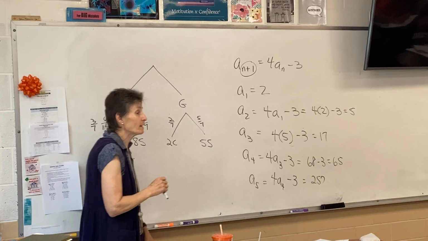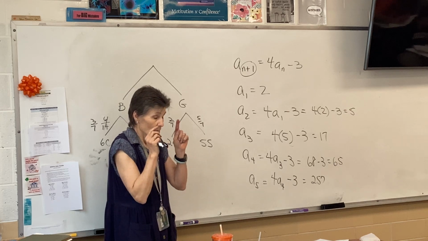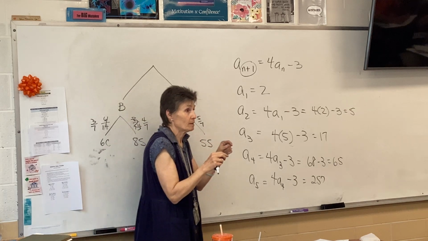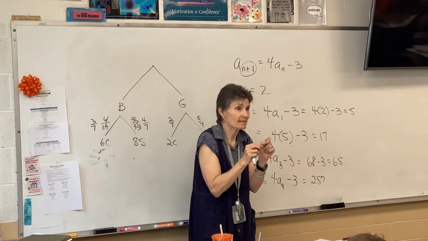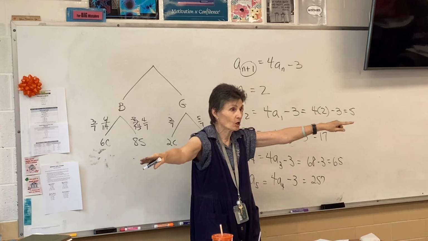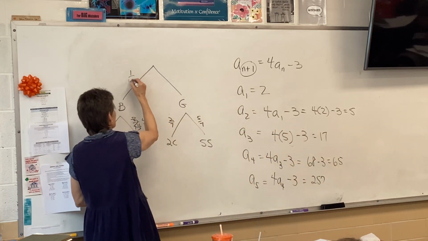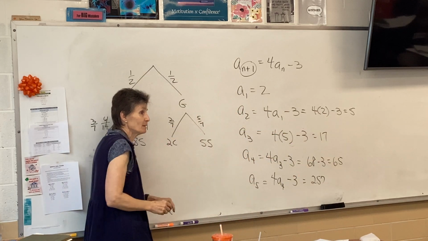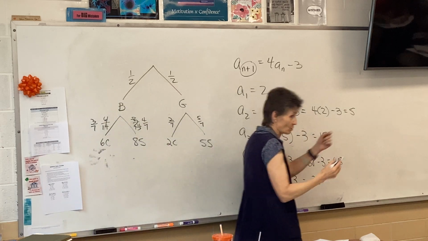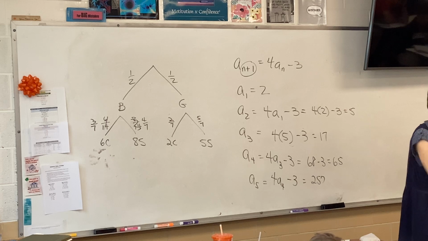Now, when Declan walks into the kitchen, what is the first thing he has to decide? He wants a cookie. Am I gonna go blue or green? And he's got a 50-50 chance. So the probability he'll pick blue is 1/2, and the probability he'll pick green is 1/2.